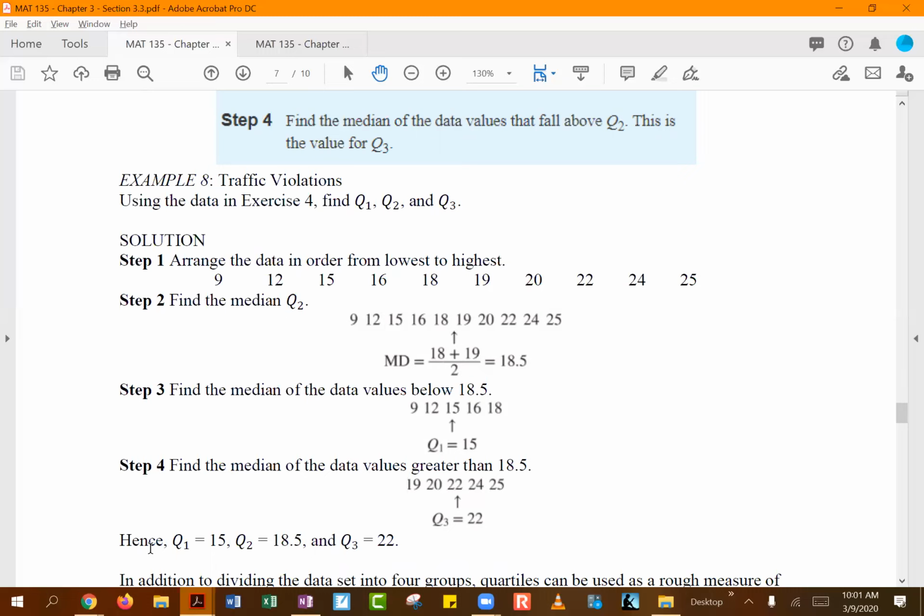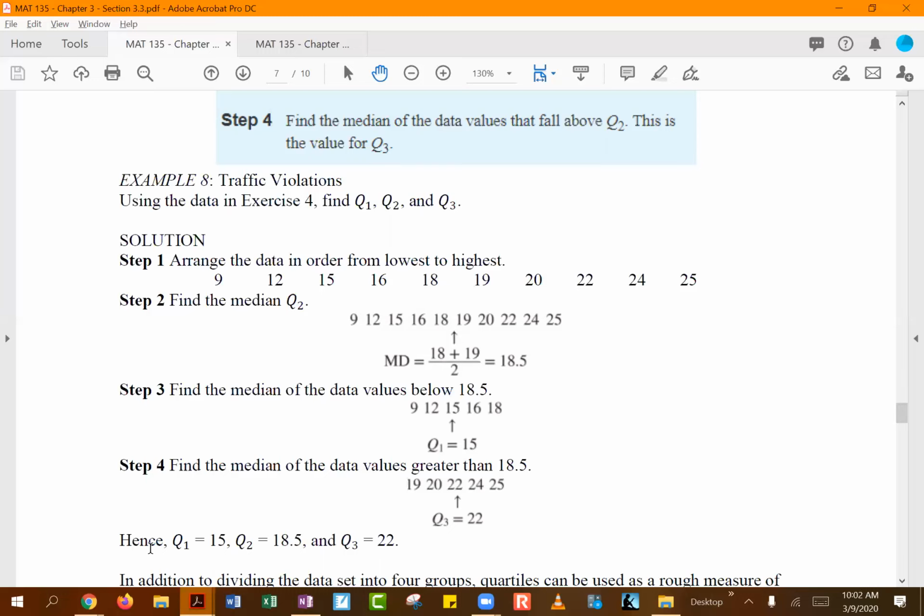Now 18.5 is halfway, which means the first 5 numbers can be used to find quartile 1, the centermost point, which is the number 15. For the last 5 values, find the median again, which comes out to be the value of 22.